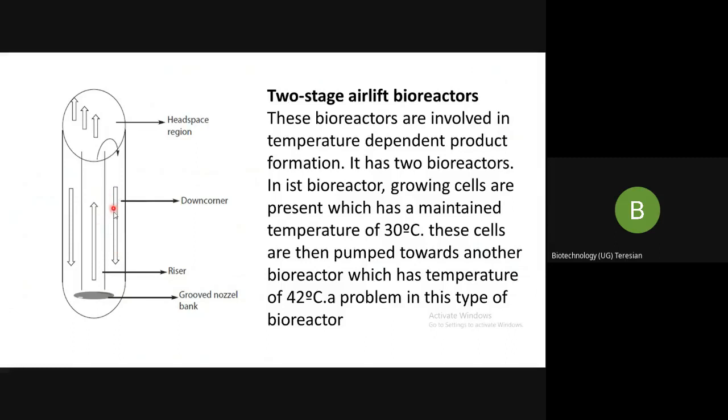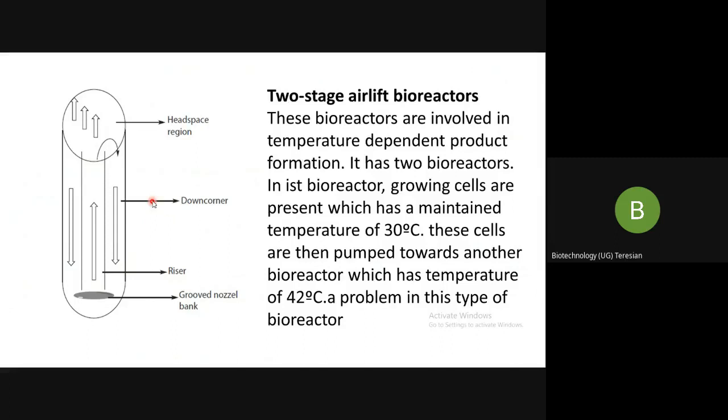Liquid circulation means the media or whatever substrates we have added. And the rate of this liquid circulation increases with the square root of the height of the airlift fermenter. Since the liquid circulation is driven by the gas holdup difference between the riser and the downcomer.